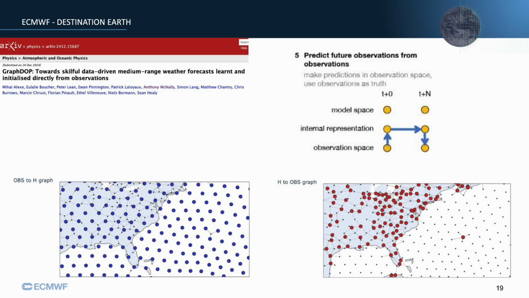So we would expect that it works well for gridded observations, for stations, but this also works really nicely with dynamic observations, as we only have to connect those with the nearest neighbor. This graph structure is quite flexible, so you don't need a rectilinear grid, as you can see on the right, where we have stations. Using a graph structure makes it very easy to process this information at the observation locations.